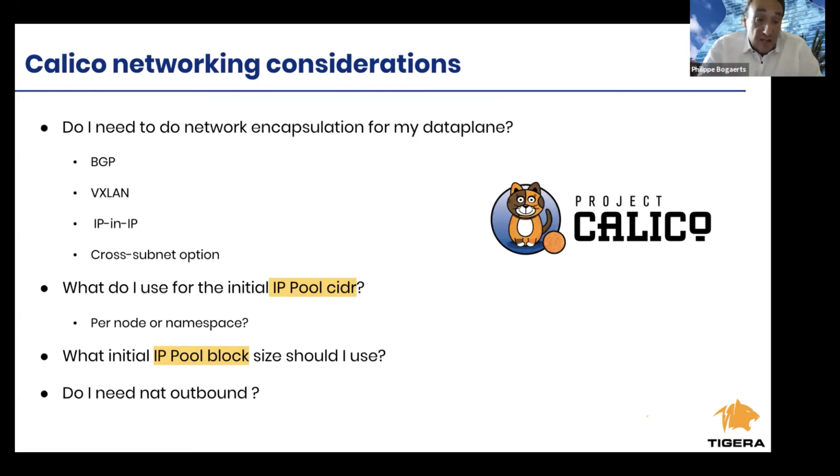If you're using VXLAN or IP-in-IP across your entire environment, you need to do NAT outbound because typically the IP addresses are not known outside of the cluster. But if you use BGP, for example, and BGP peering, it might be that the IP addresses are reachable from outside of the cluster. And in that case, you can disable outbound NAT in your IP pool.